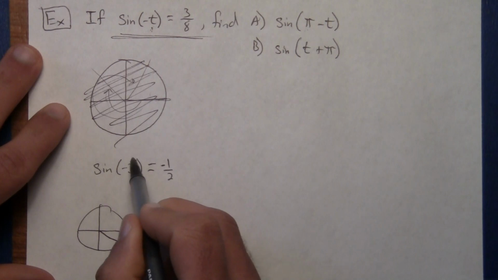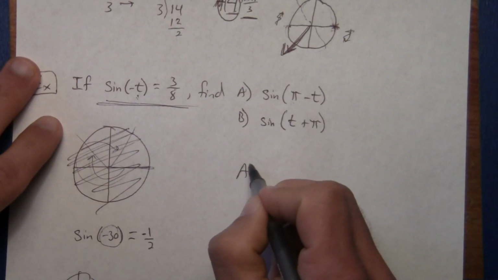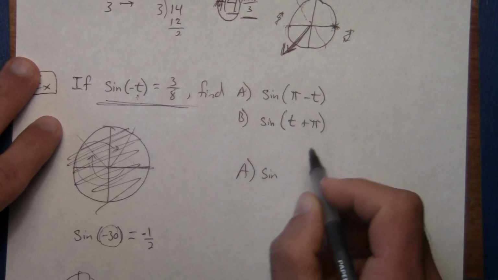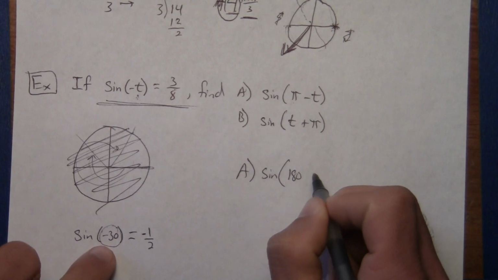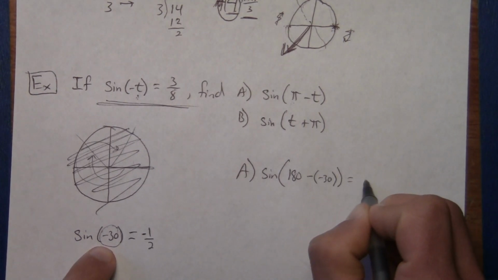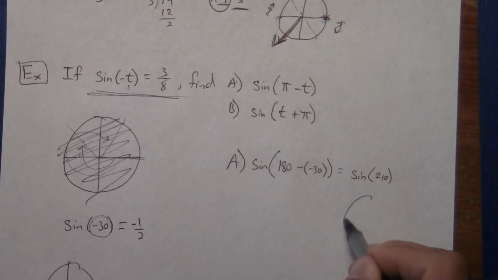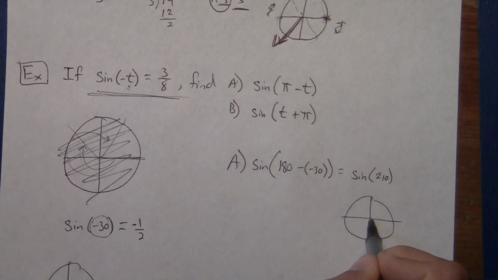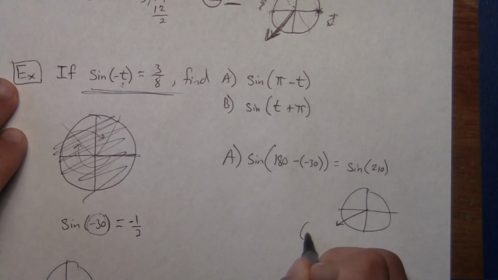Alright, so I'm pretending like t is negative 30. Well, let's pretend for letter A that that's still true. If I have the sine of pi, which is really 180 degrees, minus a negative 30, really I'm trying to find the sine of 210 degrees, which is in the third quadrant. The x value is negative square root of 3 over 2, but that's not what they're looking for.